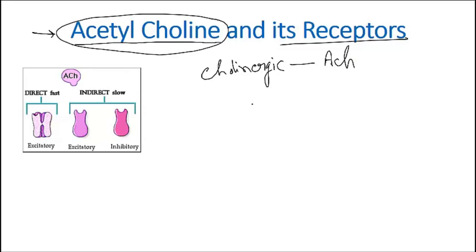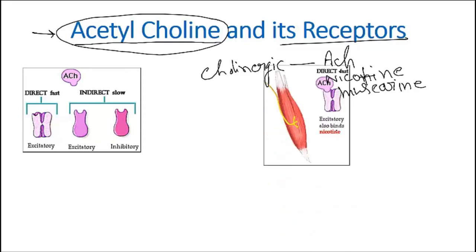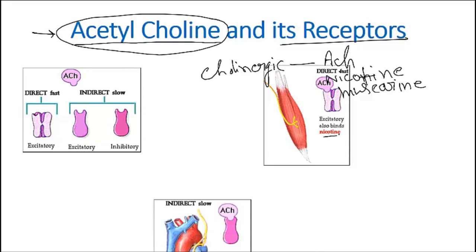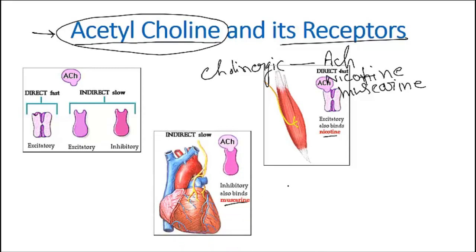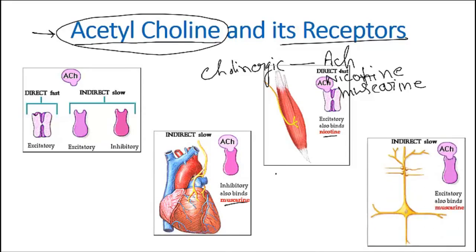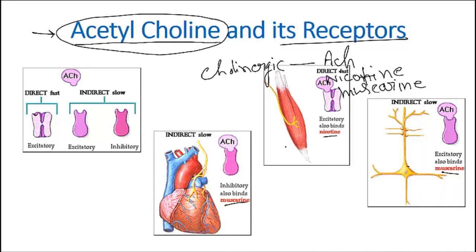On the other hand, one group also binds to the chemical nicotine, and another group can bind to the chemical muscarine. So these are the three types. This is where we see that the acetylcholine receptors bind with nicotine. This is where it binds with muscarine, and this one is also an example of a muscarine.